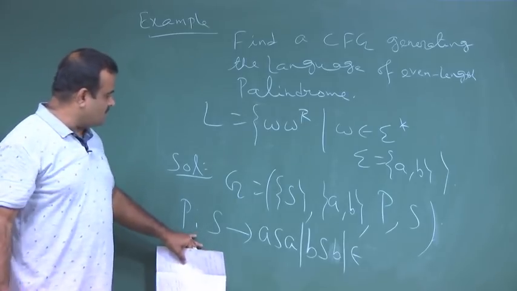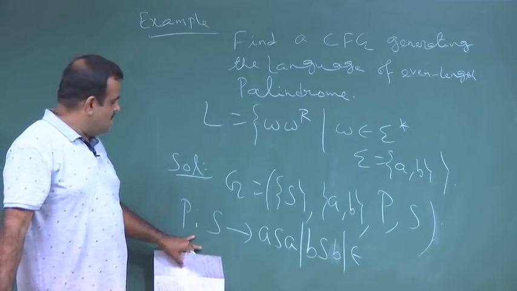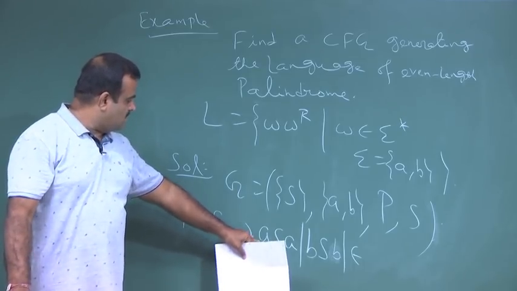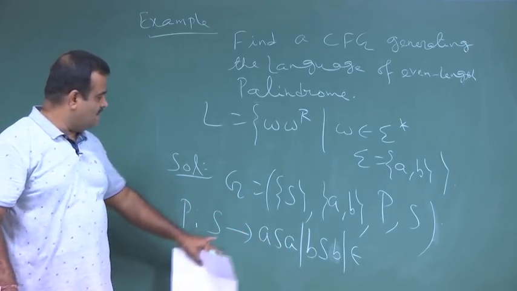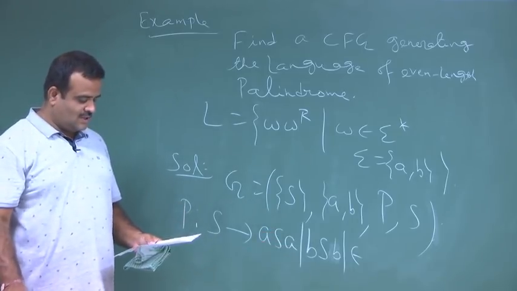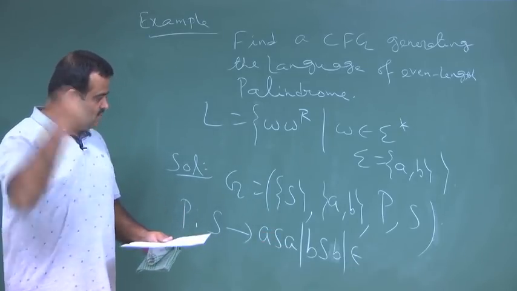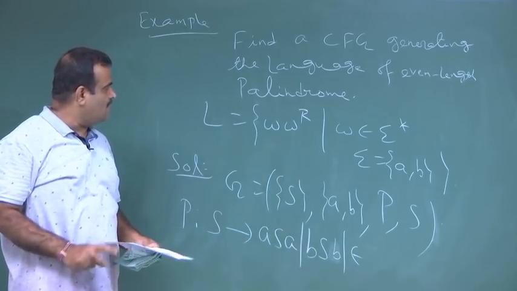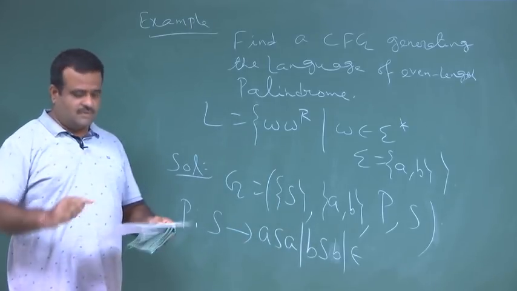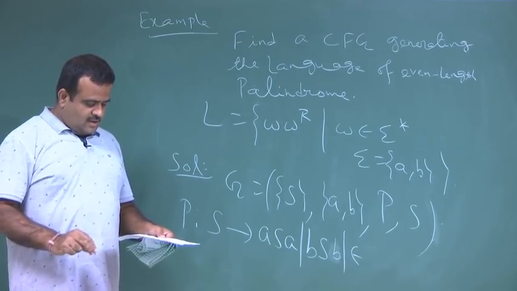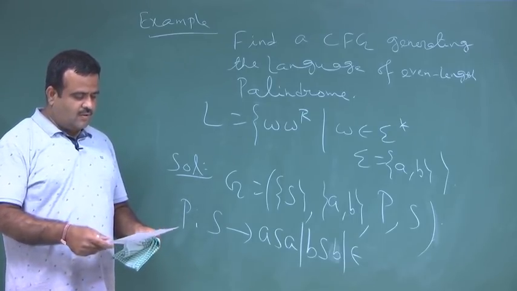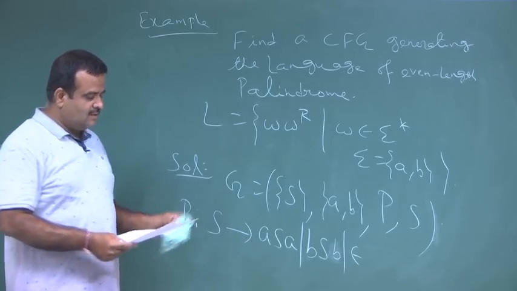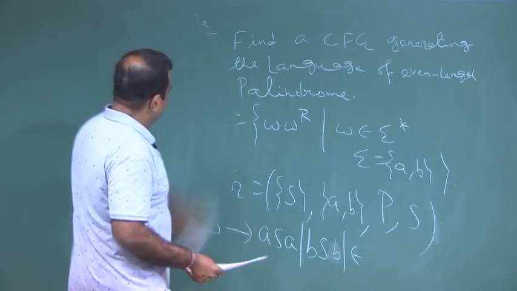So there are three productions in P. Now we can easily verify that this generates the language W W R, where R is the reverse. Now we can take some more examples.